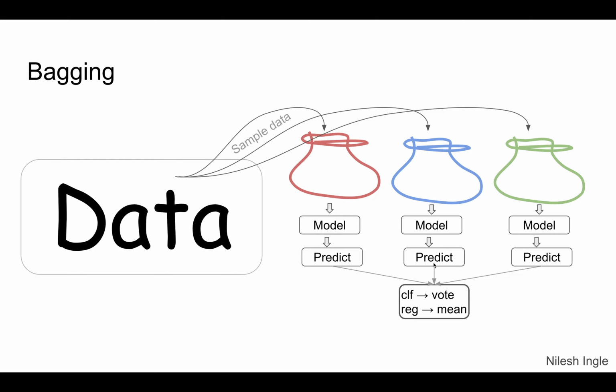And if two of these three predict it as an apple, then we take a vote that two is a larger majority, and so we would classify that particular record as an apple. If it's a regression problem, then we can take the average of the predicted values and report that as the predicted value for a particular sample.